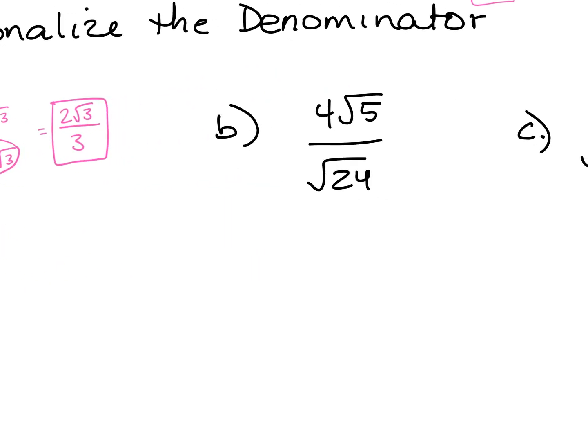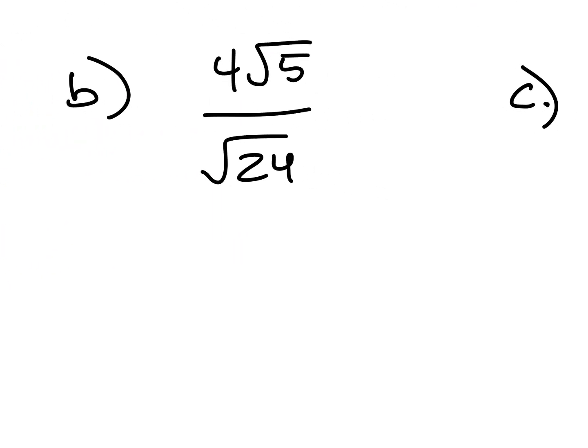All right, let's look at B. What should I do first here? Simplify. I want to simplify my radical on the bottom before I rationalize. So what are 2 factors of 24? 6 and 4. 2 factors of 6? 2 and 3.